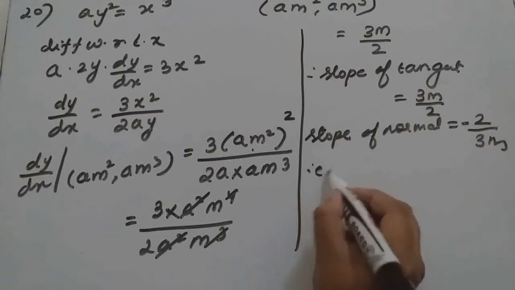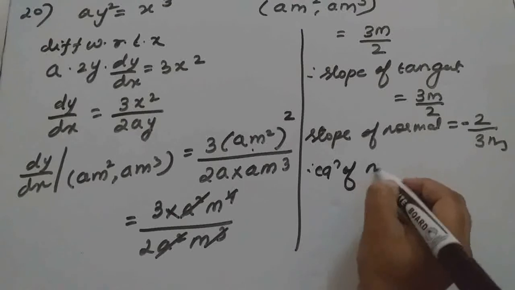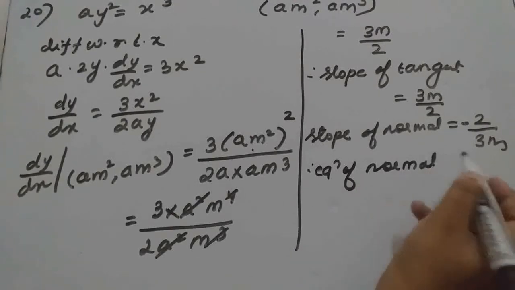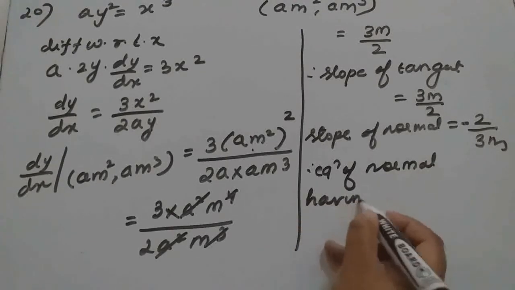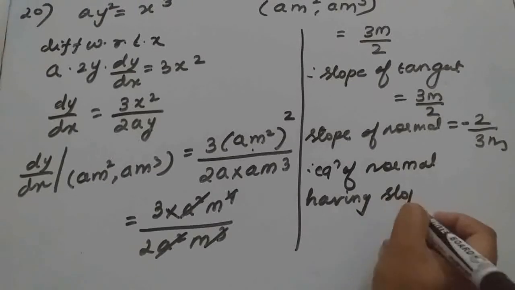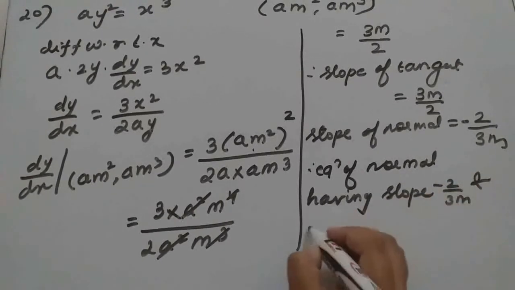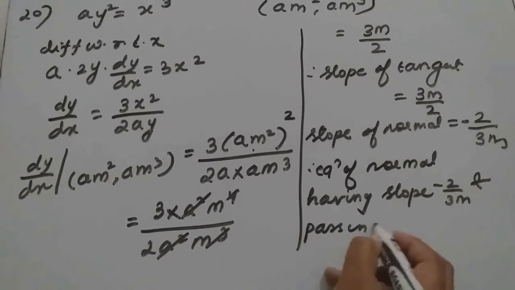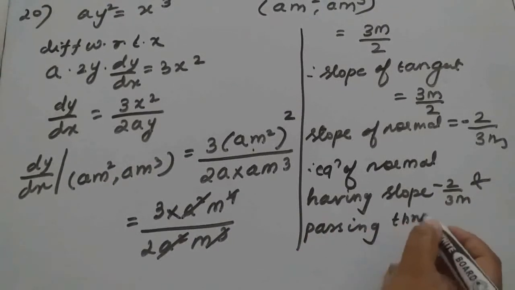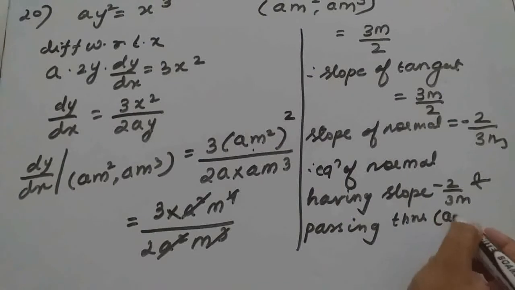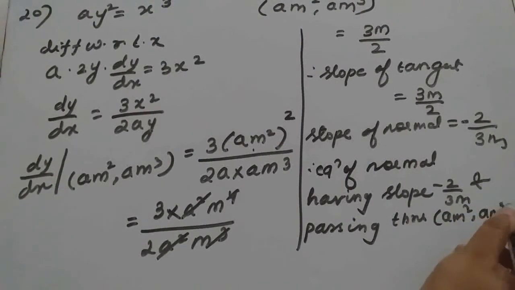So therefore the equation of the normal having slope minus 2 by 3m and passing through this point am square, am cube is what?